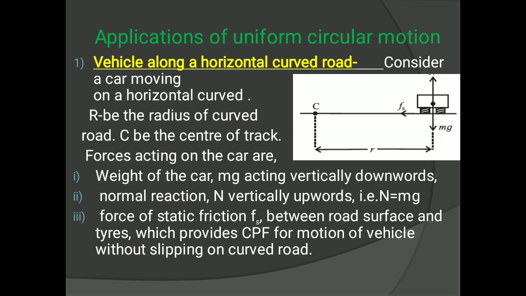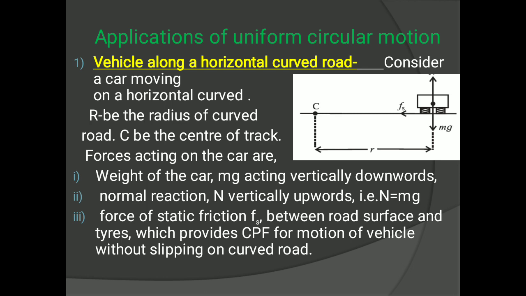Now, when the car is taking the turn, you can see from the figure that the forces acting on the car are the weight mg acting vertically downwards in the direction of gravity, and another force, the normal reaction between the car and the road surface, which is always directed perpendicular to the road surface. From the figure we can see that this normal reaction is balanced by the weight of the car mg, so we have the equation N is equal to mg.